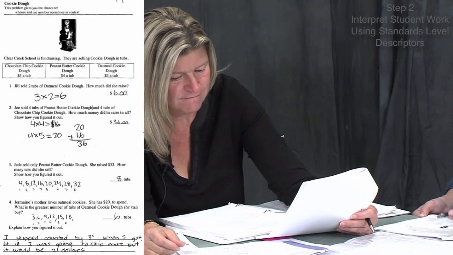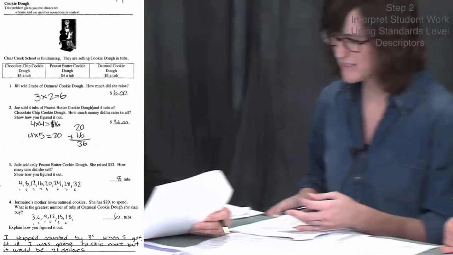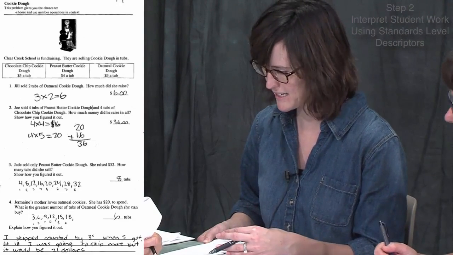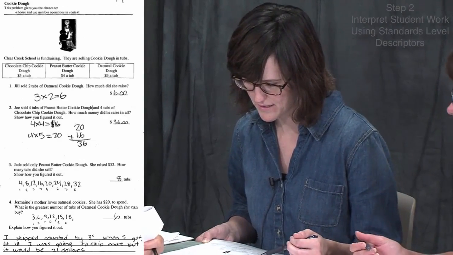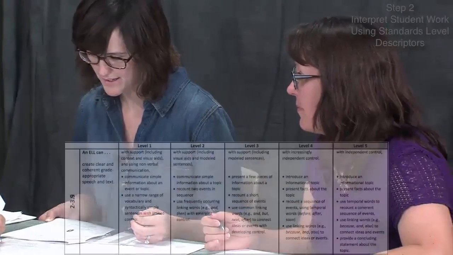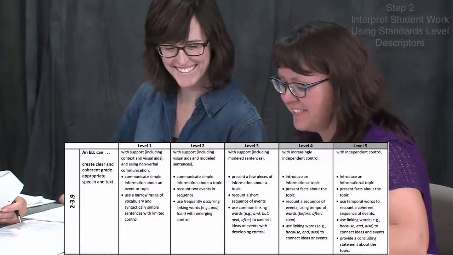And looking at a place to inform instruction and scaffold would be getting more at, did you introduce it? Are you recounting that sequence? How are you using connecting words to tie it together? So it sounds like we're settling more on 9 then. I think we're switching from Standard 3 to Standard 9.